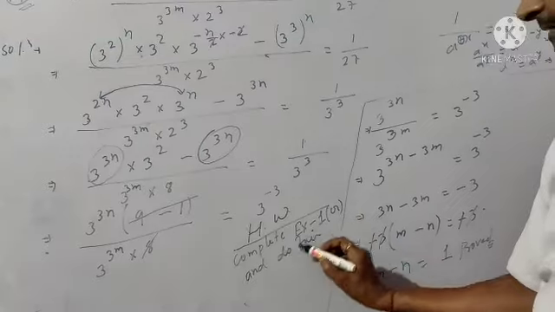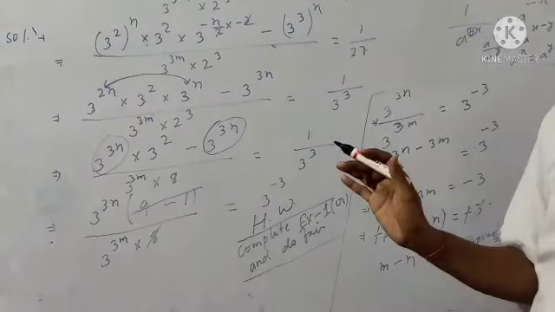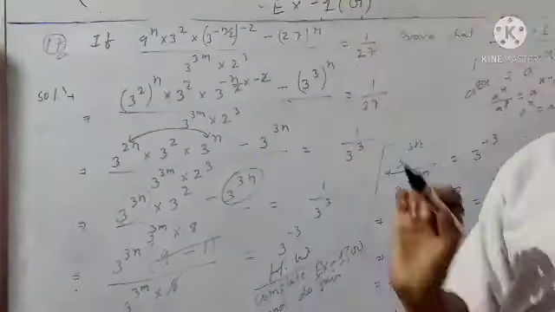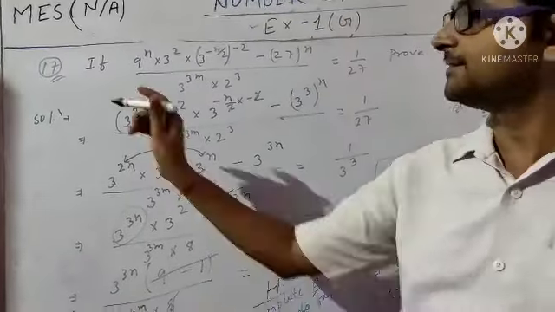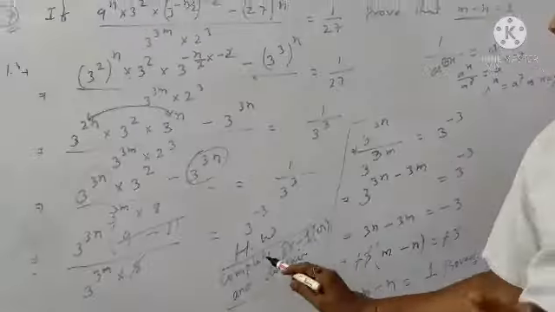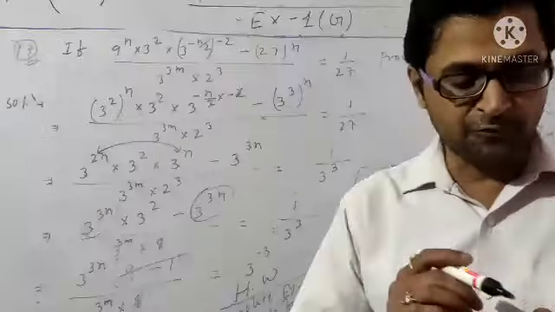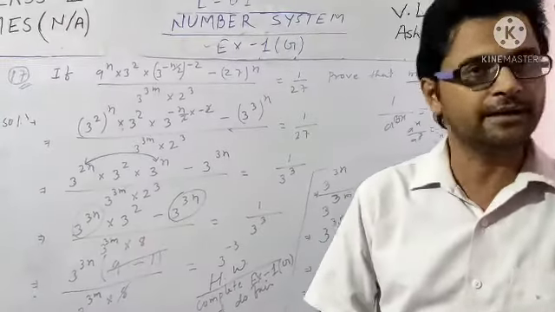Okay, student, this is your homework. Today homework is complete exercise 1G, because this question is the second last question of exercise 1G, because total number of questions of 1G is 18. This question is 17. So, student, complete exercise 1G and do fair. Okay, if you have any problem, if you have any query, ask me. Okay, thank you.